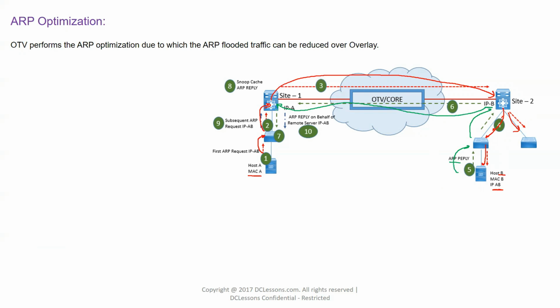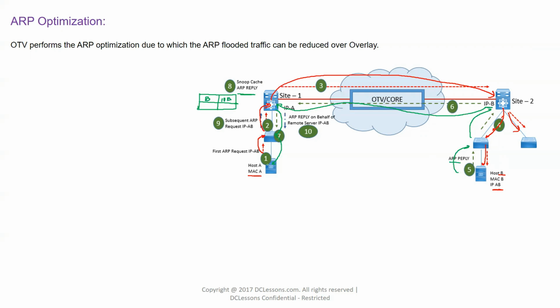Here the ARP reply will be sent to the access switch, and from there it will be sent to the host. But as soon as the ARP reply reaches the edge device, what will the edge device at site 1 do? It will snoop it and keep that MAC address information in its table, right? So it says that MAC B is now reachable via IP B.